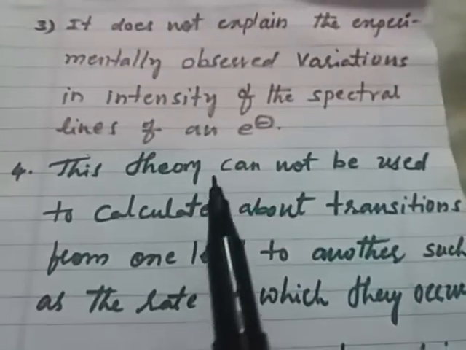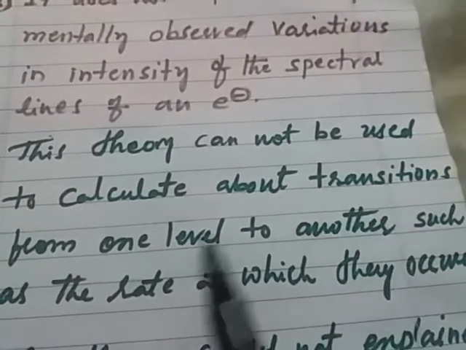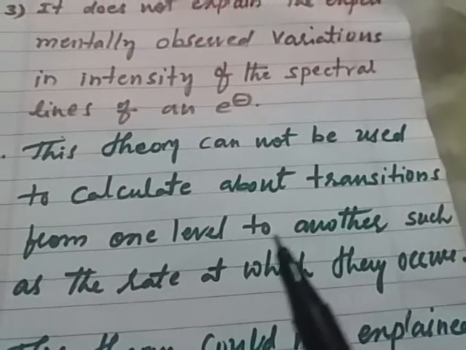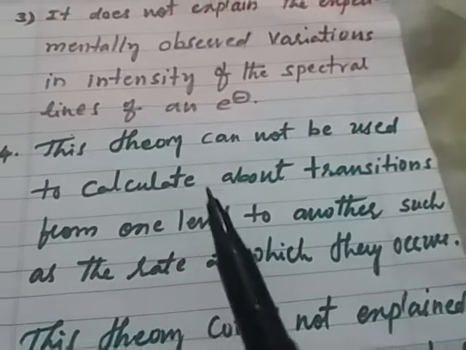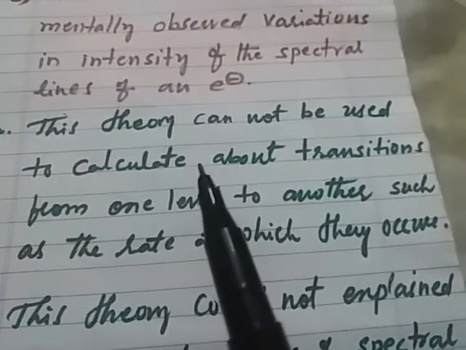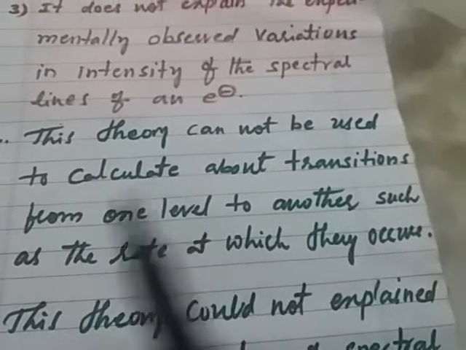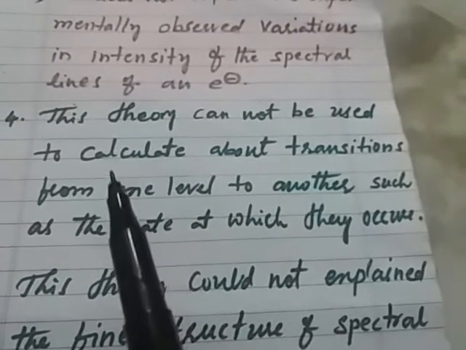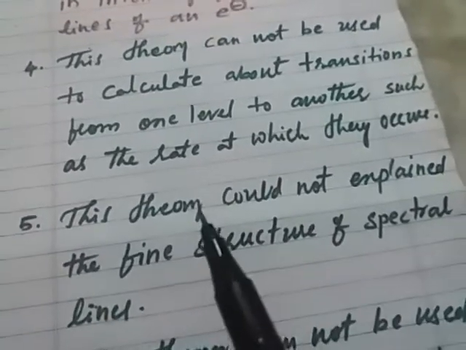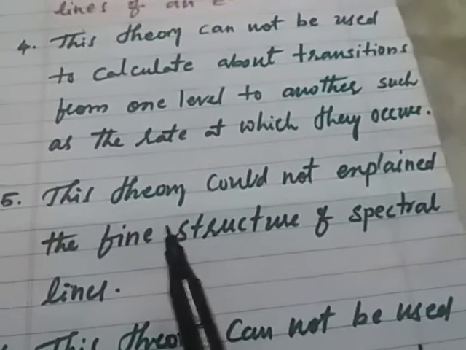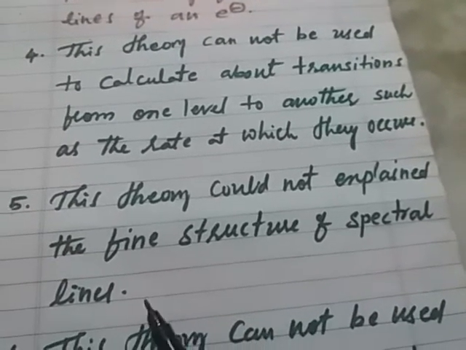Then the fourth important point is that this theory cannot be used to calculate transitions from one level to another, such as the rate at which they occur. So here students, this theory also fails for the transition of electrons from one state to another state, the rate at which it occurs is not explained properly by the Bohr atomic model. Now the fifth limitation is that this theory could not explain the fine structure of spectral lines.